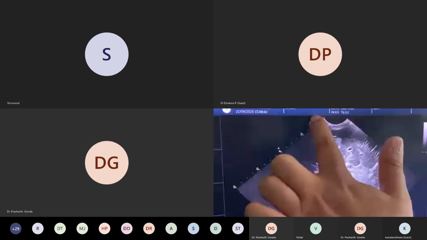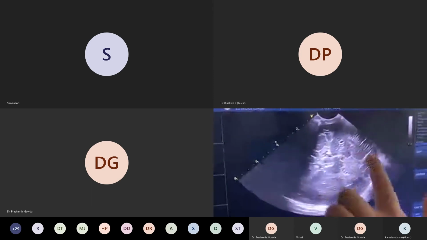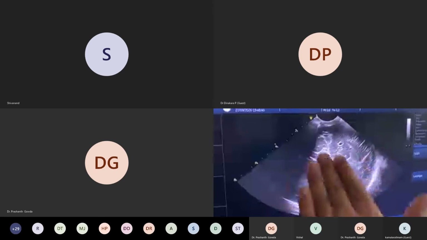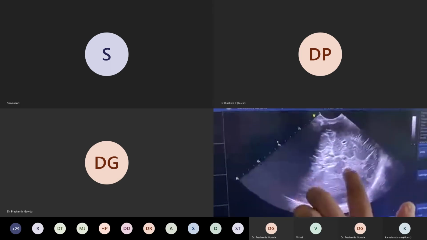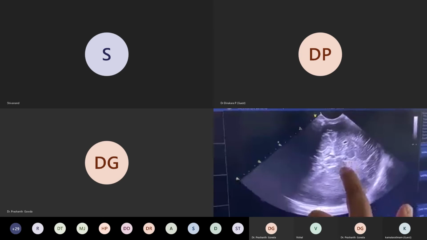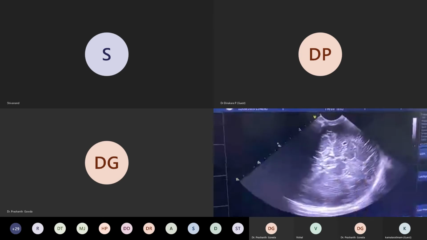This is the probe which is facing anteriorly. This is your cerebellum, and then the base of the brain. Based on that, you can take the third ventricle or fourth ventricle according to the section we take.